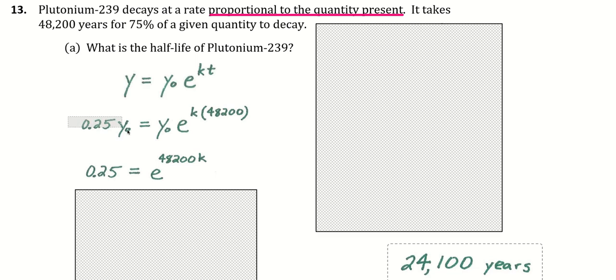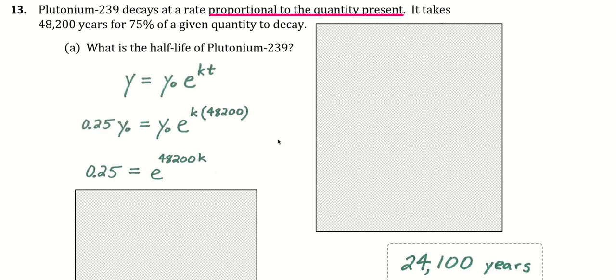75%'s gone. You can do this whole thing where Y initial is here, and then this is 25% of whatever that is. You could also just come up with some guinea pig numbers that make sense with 75% being gone and 25% being present at that time.